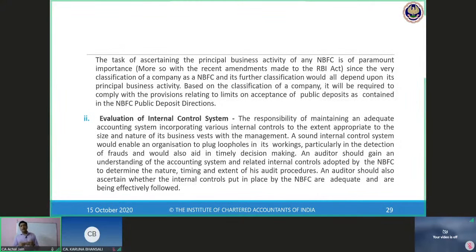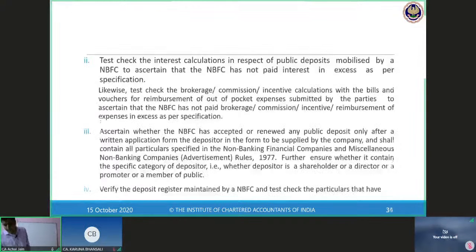So it will include the internal control systems, and the review or audit of the compliances or regulations which are relevant to an NBFC. Then it will also require review of all of these provisioning requirements and classification requirements which are applicable to an NBFC.